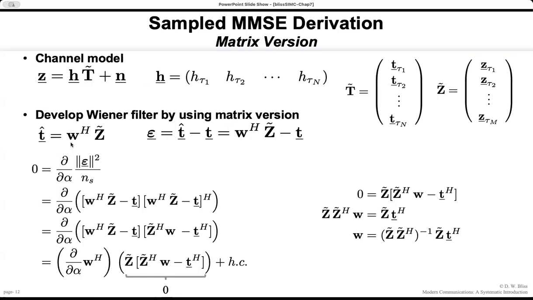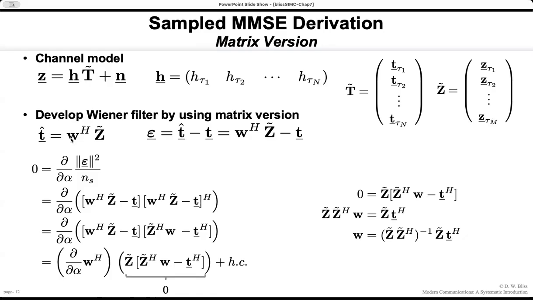We're going to build a filter. This is going to be our approximation to the Wiener filter based on these finite samples. Those filter coefficients live in W. And we're going to build a data matrix Z, which basically has our received signal and then a bunch of delayed versions of the received signal.